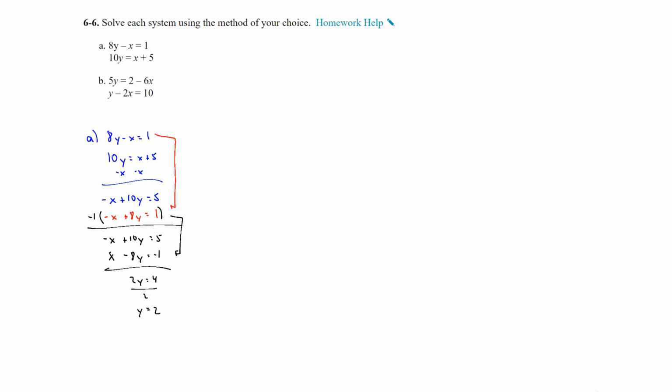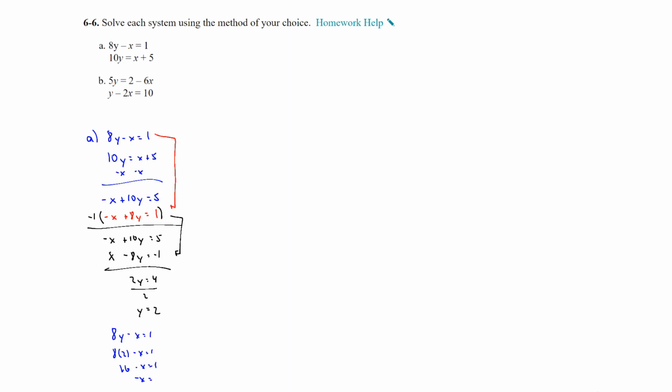And now we can plug that back into any of the equations we have so far. I'll go ahead and plug it back into the first one. So 8y minus x equals 1. And I will plug the 2 in for y. So 16 minus x equals 1.